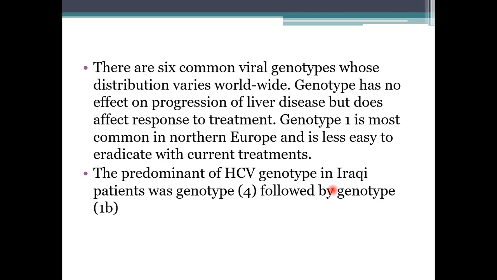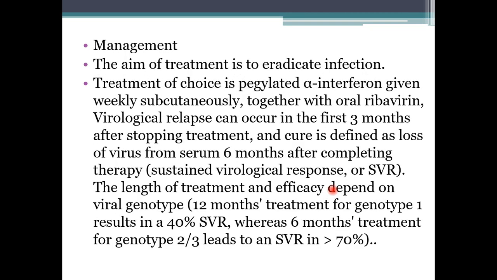The response to antiviral treatment for hepatitis C depends on the genotype. Some genotypes have a good response and some have a poor response. For example, genotype 1 is most common in North Europe and is less easy to eradicate, meaning poor response to the current treatment. The predominant HCV genotype in Iraq is genotype 4, followed by genotype 1B.